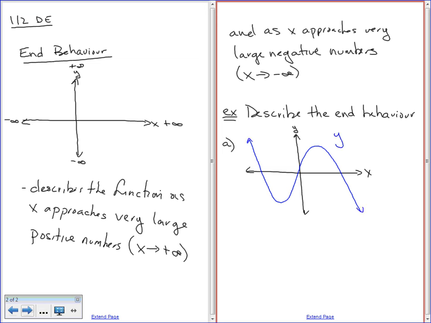So here's my function, y is equal to f of x.